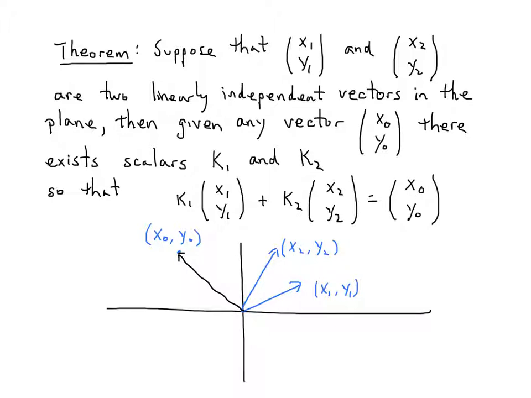If I were to multiply the vector x1, y1 by a negative number and stretch it a bit, I could move in this direction.